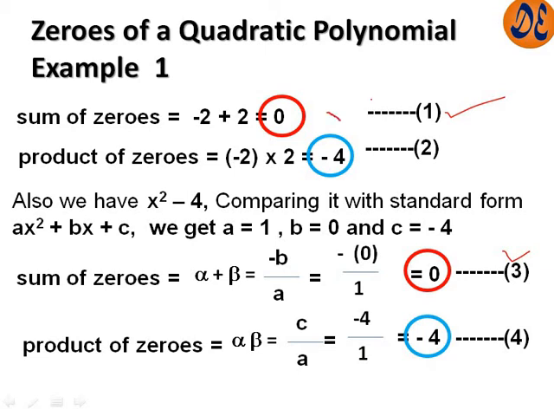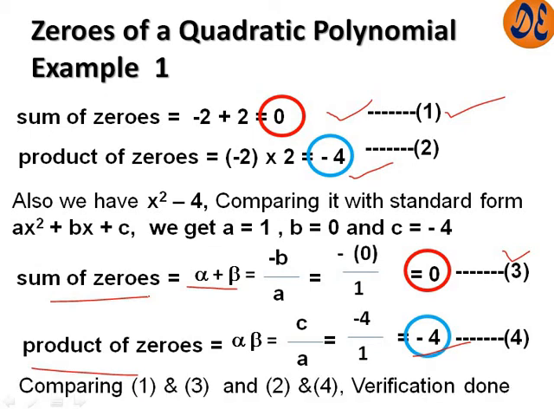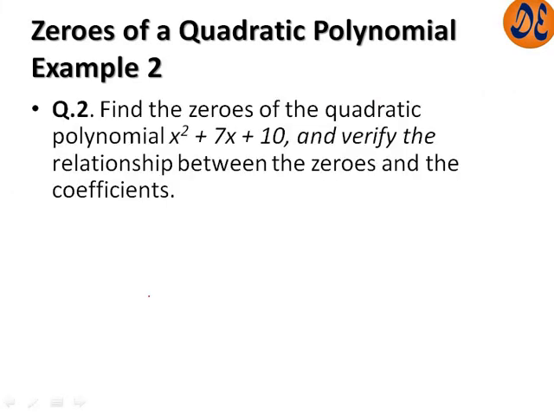Either we are using the classic method, or we are using the method that we obtained till now. Similarly, we are getting minus 4. So we can say the formula that we have developed for product and sum for the quadratic polynomial holds. That means it is verified, it is working, so we can say the verification we have done. Let us take another example.